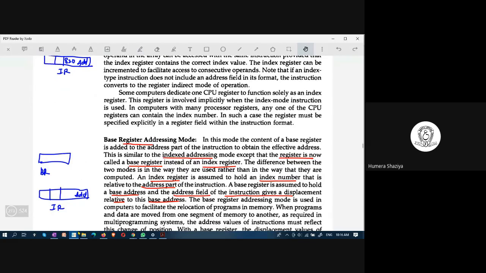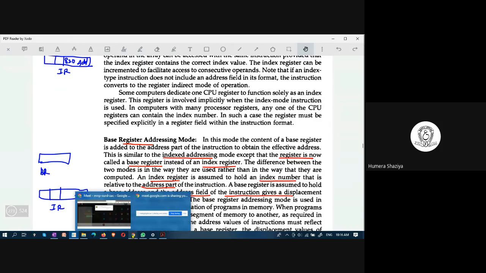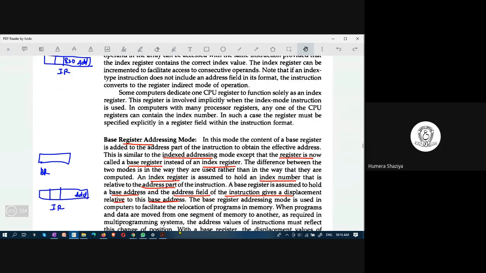In this aspect, both are similar. However, there is a difference. The index register holds an index number relative to the address part, whereas the base register holds the base address and the address field of the instruction gives a displacement.